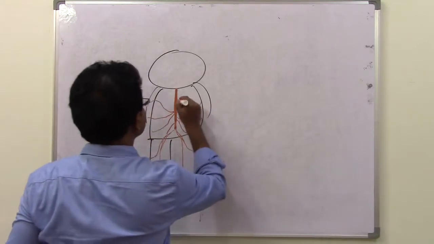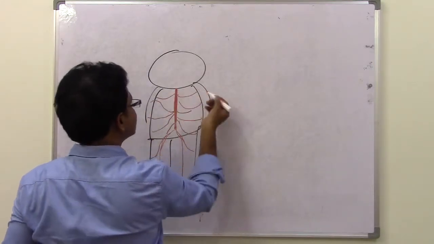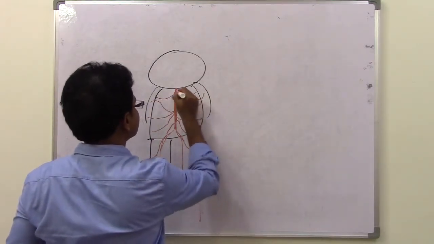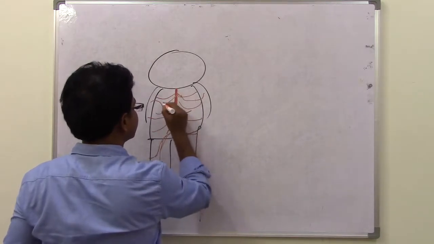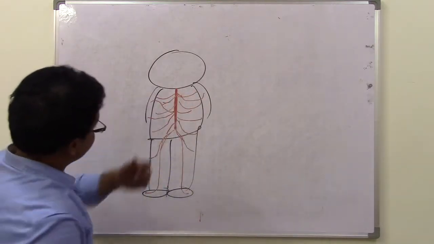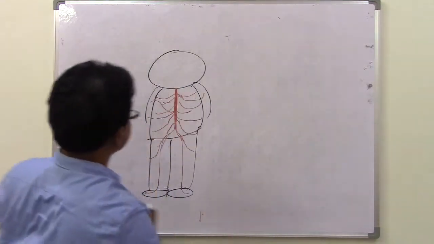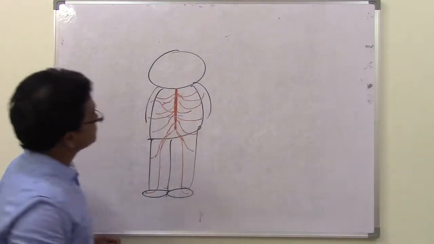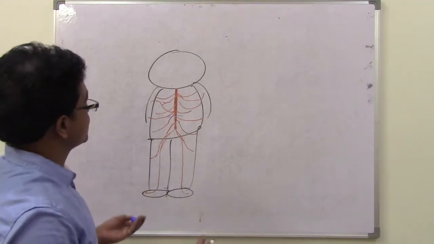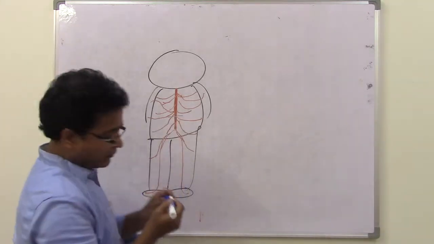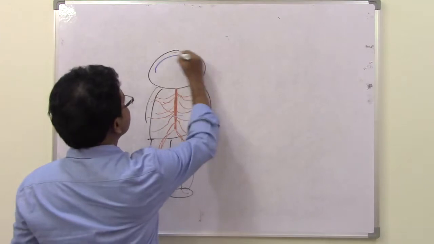All these are nerves. Now we have to look into the structure. What is the cross section? How does the cross section look like? From there, finally it is going into the brain, right?